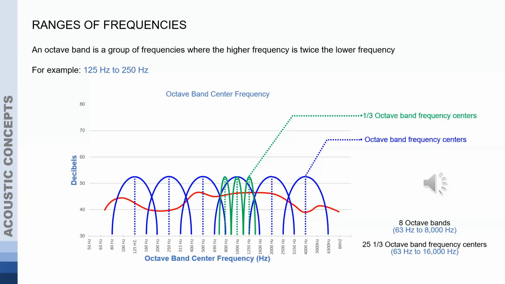Sometimes you may go a little above or below this, but this is from 63 hertz to 8,000 hertz. In the third octave bands, there are 25 from 63 hertz all the way up to 16,000 hertz. Now, 16,000 hertz is 1 octave band above 8,000, being that double that we talked about.